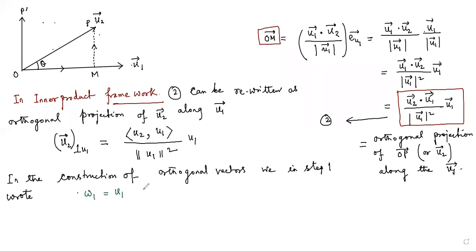We didn't change it at all. Now I'm going to write step number 2. In step number 2, we are going to find the w2 vector.